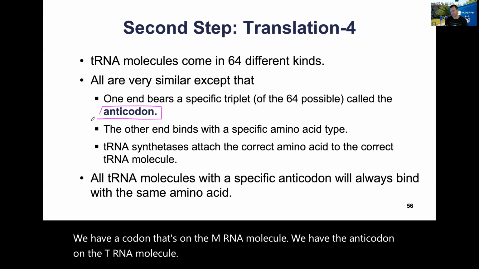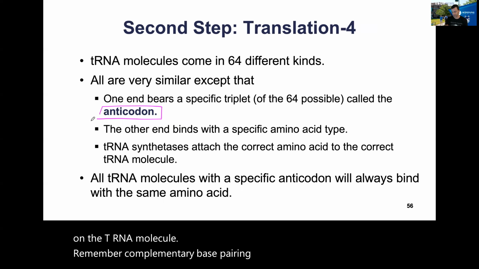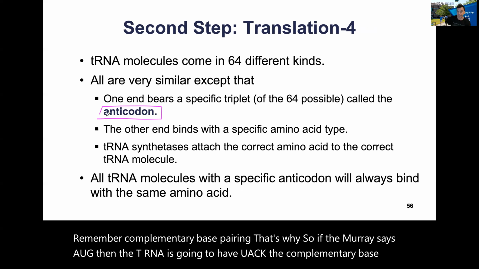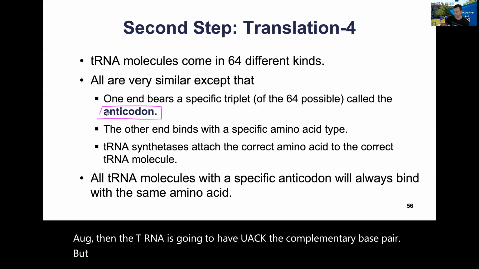Remember, complementary base pairing, that's why. So if the mRNA says AUG, then the tRNA is going to have UAC, the complementary base pair. But it's specific; they still code for the same thing, bringing in the same amino acid.